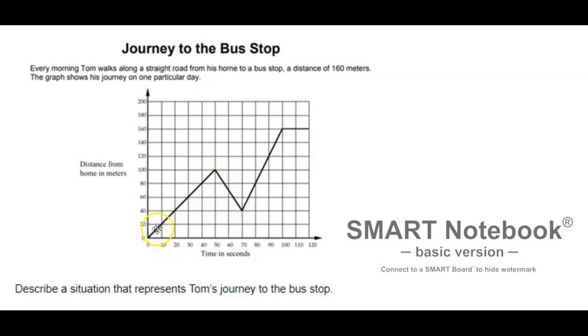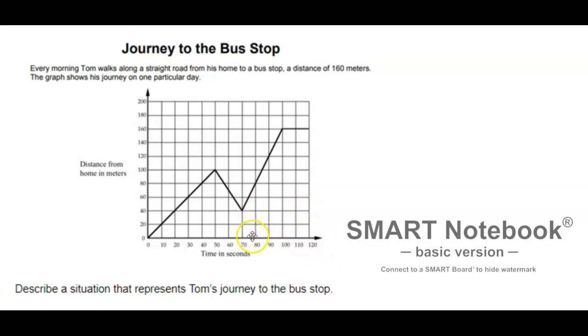I would say that he was walking here, and then he probably ended up jogging back. And then notice this is much steeper than his original rate. So he's probably running to the bus stop at this point because he had to backtrack. And if we look at it, he's traveling 20, 40, 60, 80, 100, 120 meters.